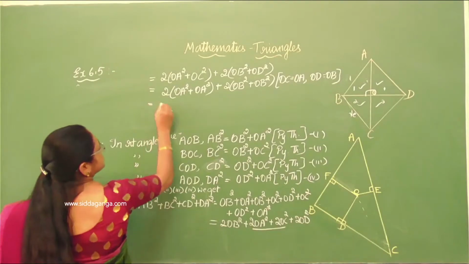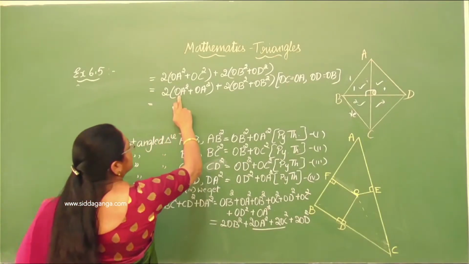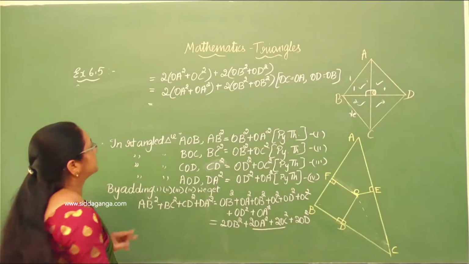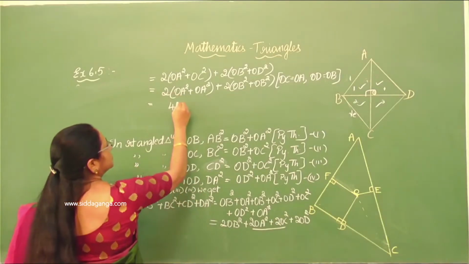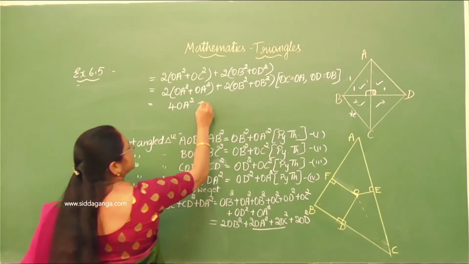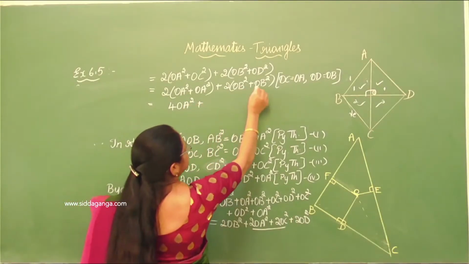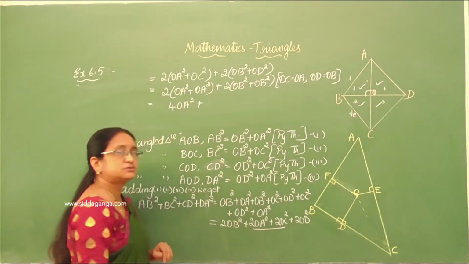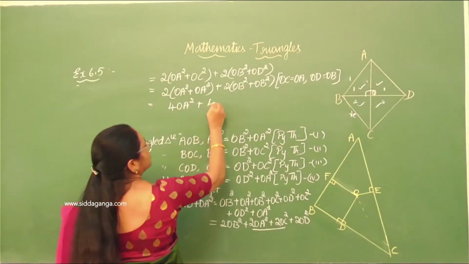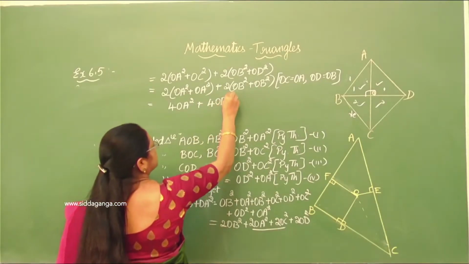Now, this here, OA square plus OA square gives 2OA square, which is nothing but 2 into 2, 4OA square. Correct? Then here also, OB square plus OB square gives 2 OB square, and 2 OB square into 2 is 4 OB square. Correct?